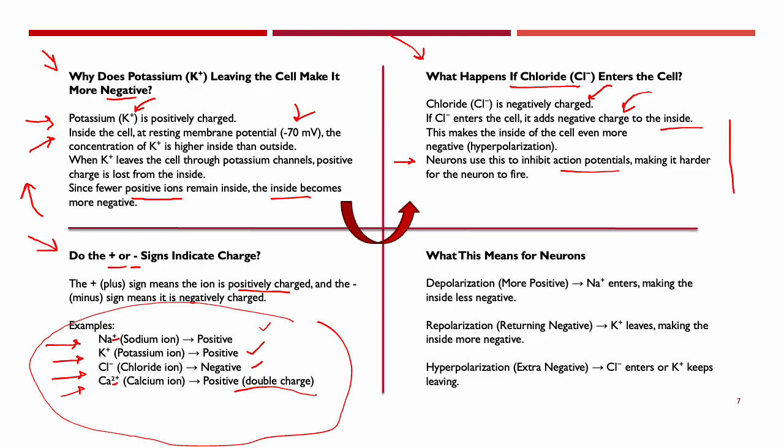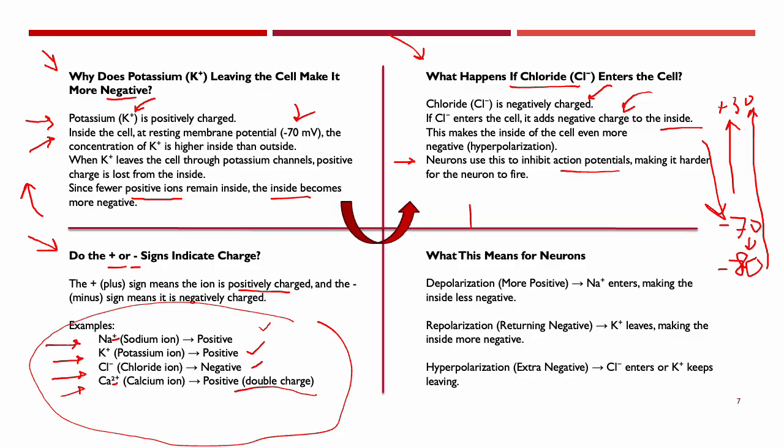Because remember, we needed to get to, for example, plus 30 millivolts for the action potential to go off. If we have negative charges entering an already negative environment, we will continue to make this cell more negative, to, let's say, minus 80 millivolts. So the gap between it and reaching its threshold has increased.